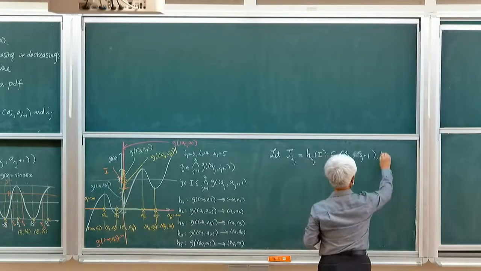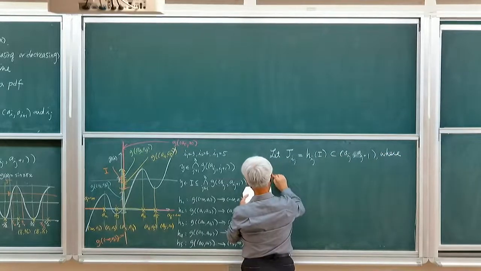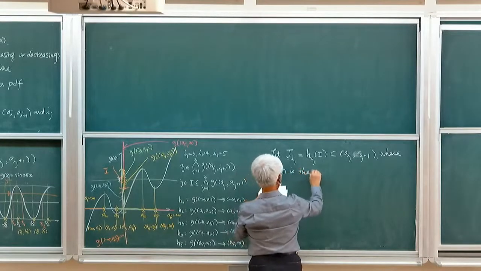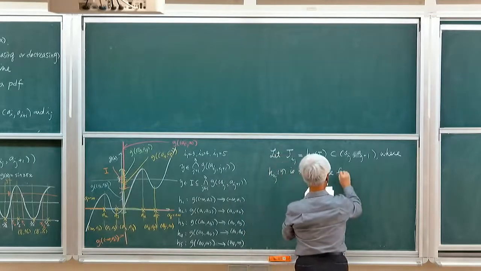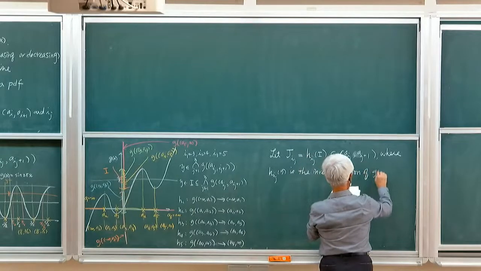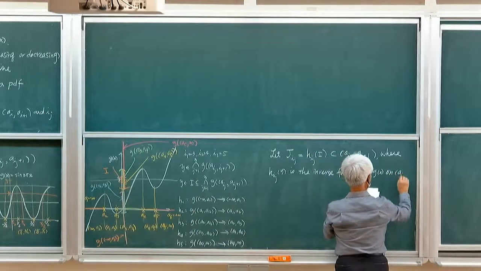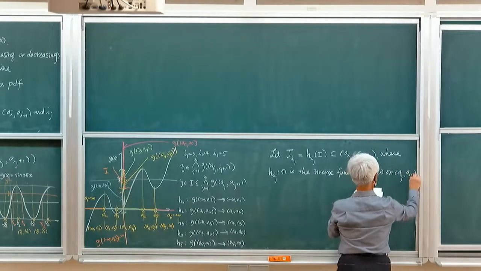Where H sub I sub j is the inverse function of g of x on A sub I sub j up to A sub I sub j+1.